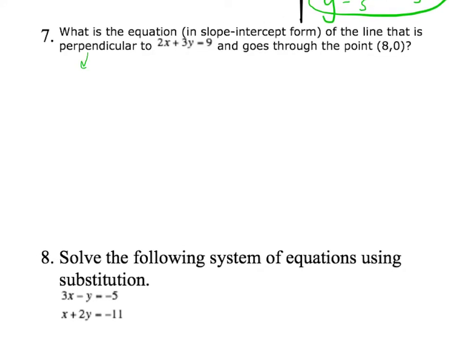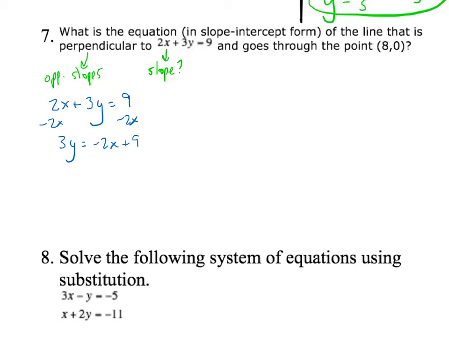Now when we're dealing with perpendicular lines, these deal with opposite slopes. So we need to figure out this slope and then find the opposite. So take 2x plus 3y equals 9 and solve for y. Divide everything by 3.